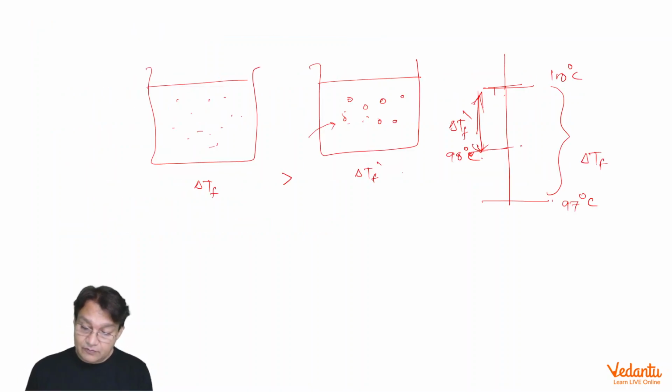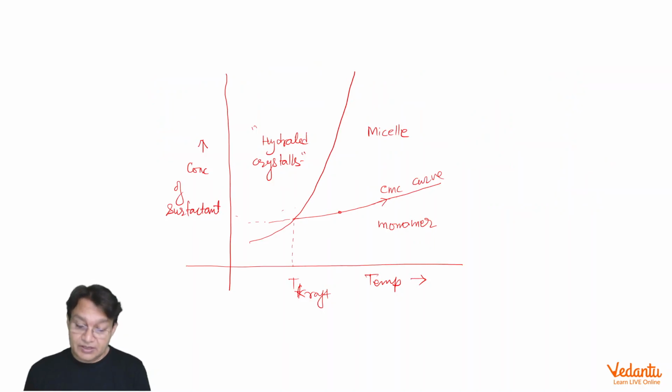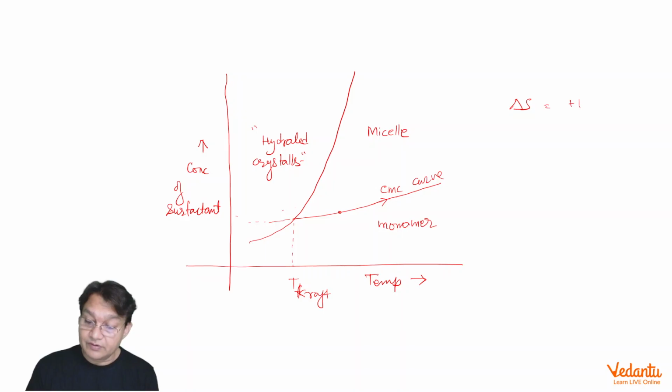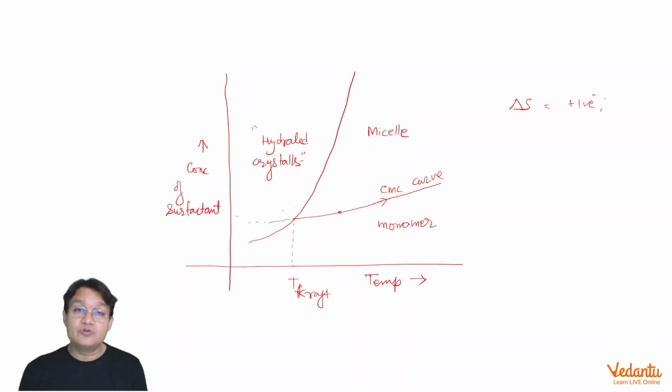But in fact, if you want to know what is the correct temperature dependence, the situation is like this, and this is because the delta S of micellization is positive. Amazing. And delta H of micellization is also positive. So delta S is positive. That means if you increase the temperature, then this process is more favorable. So that is why above Kraft temperature only this micelle formation takes place.